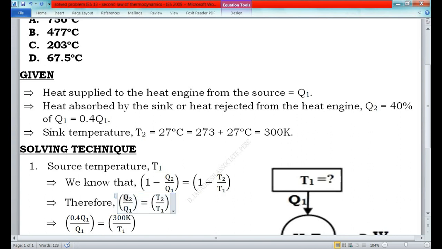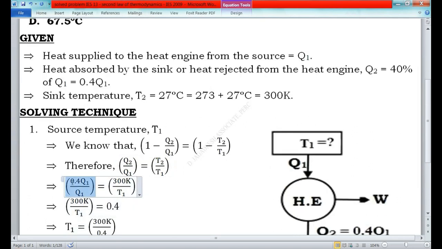We know that Q2 is 0.4 times Q1 and T2 is 300 Kelvin. Therefore, 0.4 times Q1 divided by Q1 is equal to 300 Kelvin divided by T1. So 0.4 times Q1 divided by Q1 is 0.4.